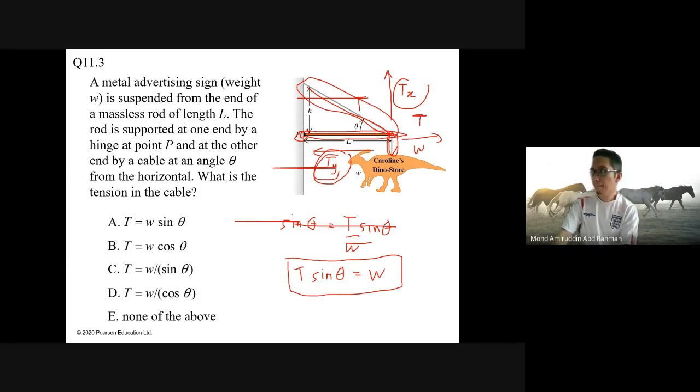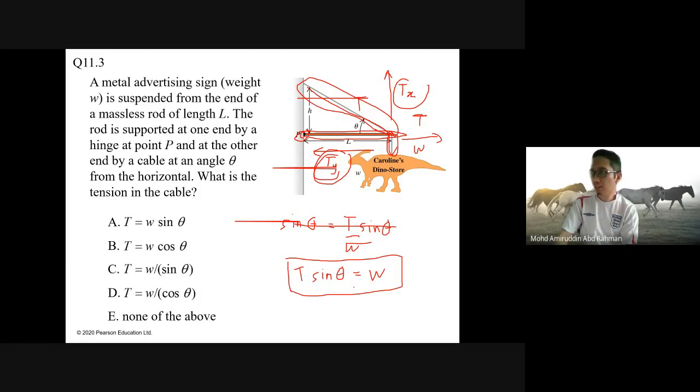But Tx is equal to W because the net force will cancel out the force going down and also the force going up. So that's why you have T sine theta equals W.